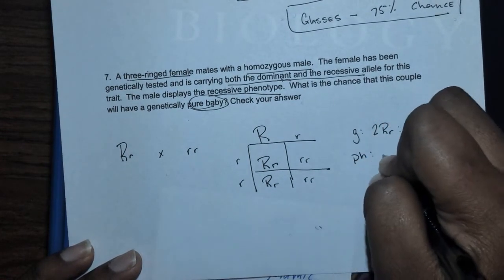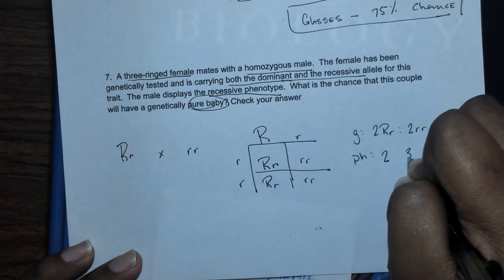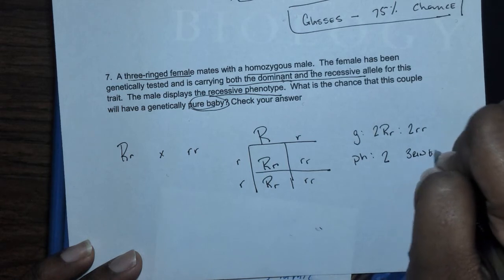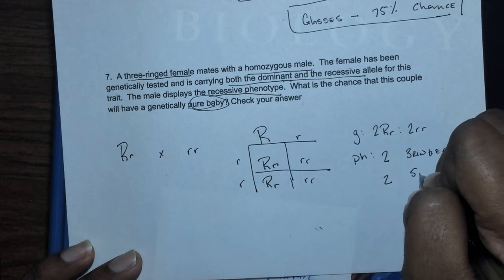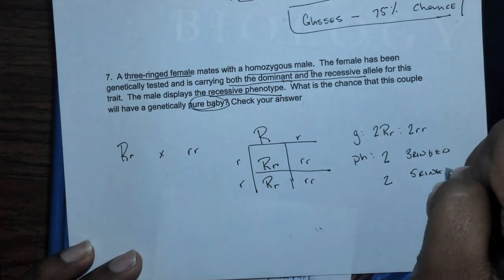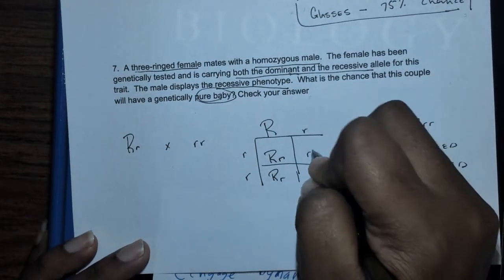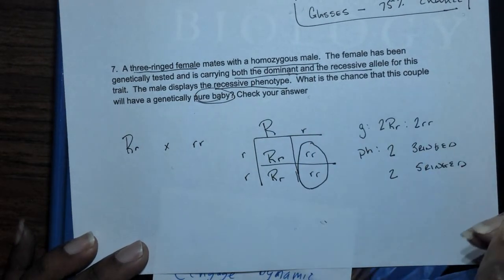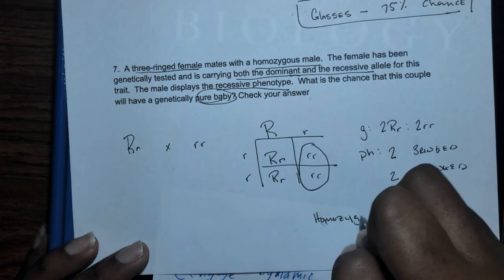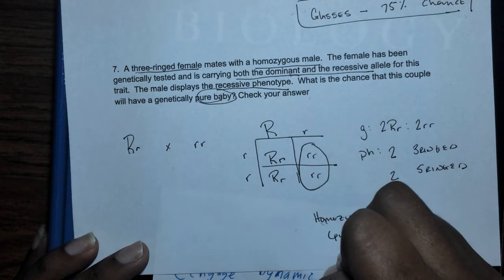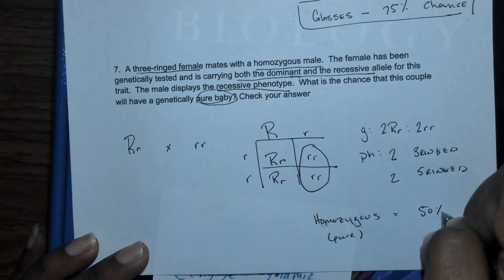So the phenotypes is that I get 2 that have 3 rings, and then 2 that have 5 rings. And so what is the chances of having a homozygous? Well, these 2 are the only homozygous, and so homozygous or pure, chances are 50%.